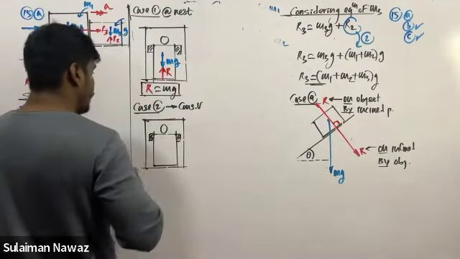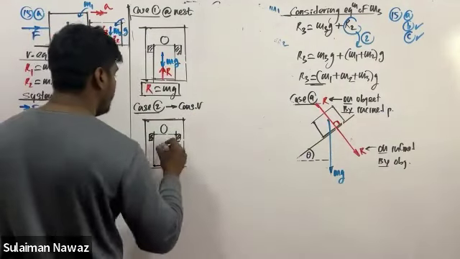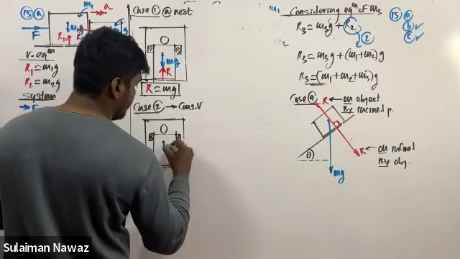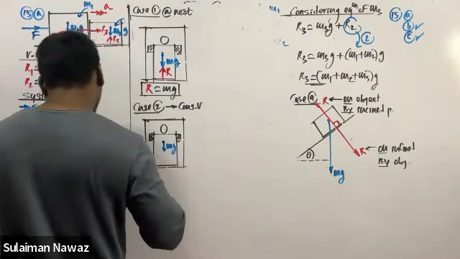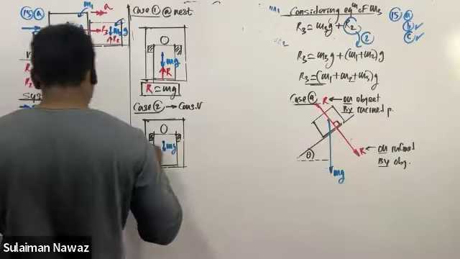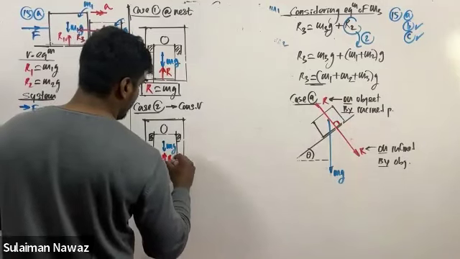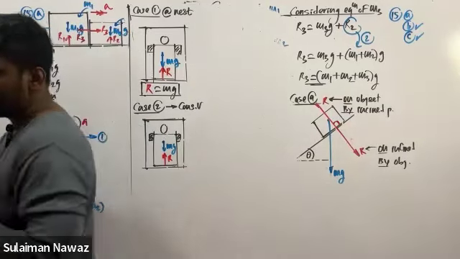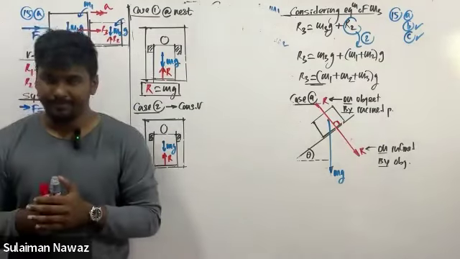Weight mg downwards, and normal reaction R upwards. Write down. I'll ask a question.